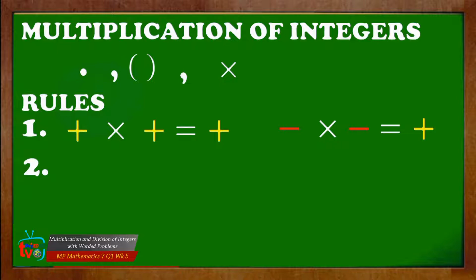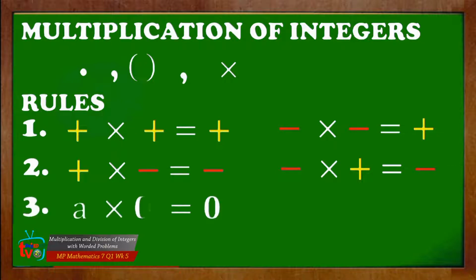The product of two integers with different signs is always negative. So, positive times negative equals negative, and negative times positive is negative. The last rule is any number multiplied by 0 gives a 0 answer.